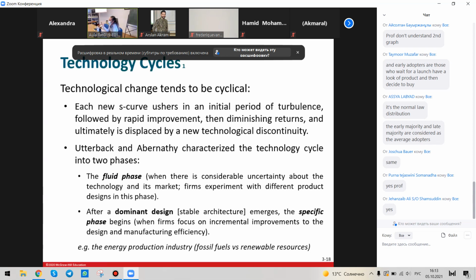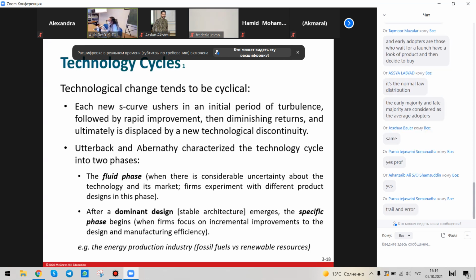Uncertainty, discontinuity, exploration, experiments, etc. When we have a dominant design, a dominant standard, something around which a technological innovation can stop this exploration and experimentation process, we have the specific phase in which companies don't focus anymore on exploring or experimenting, but they focus on incremental innovation.